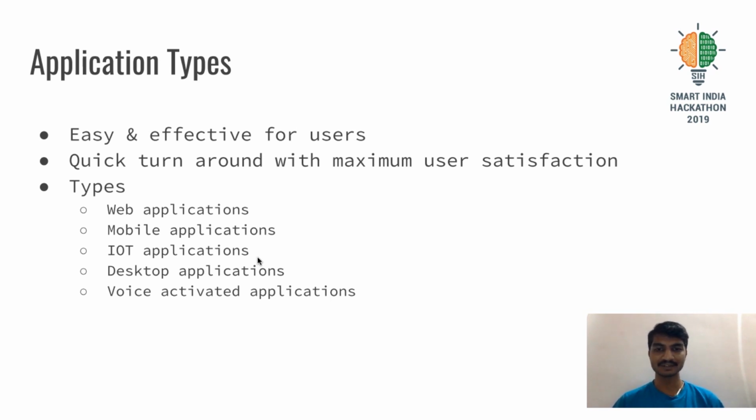Otherwise, if it takes a lot of time to implement and get into the market, there is a lot of possibility that the system will get outdated by the time it comes to the market. So it's better to come into the market as quickly as possible. There are so many factors which we need to consider before selecting what kind of application we are going to create.